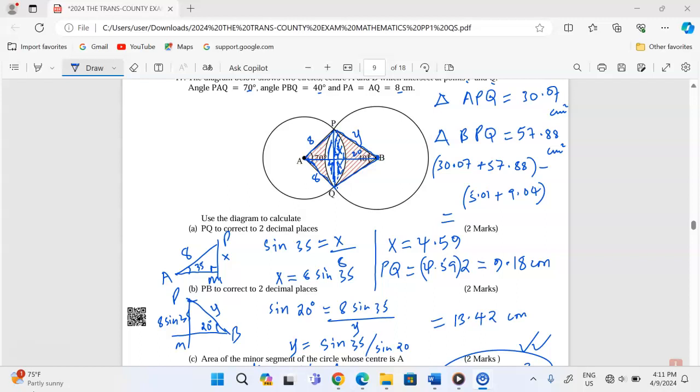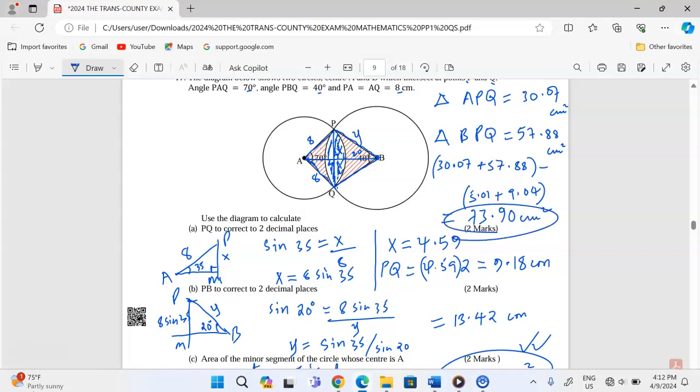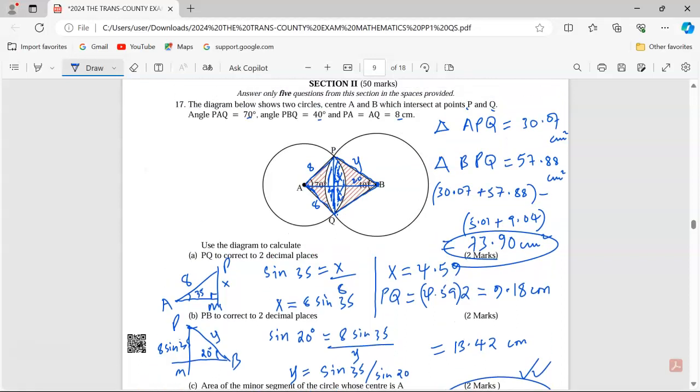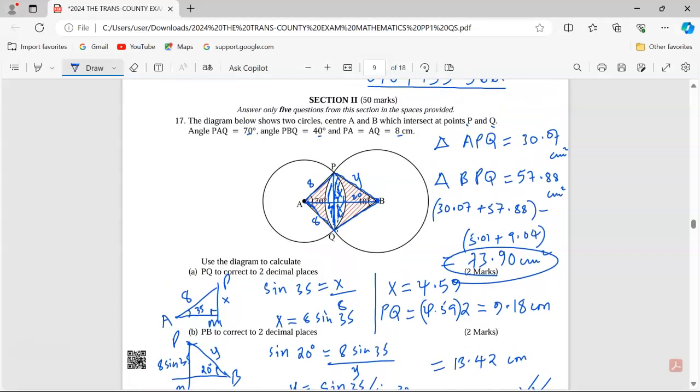This will give us 73.90 square centimeters. So this is going to be the area of the shaded part in these intersecting circles.